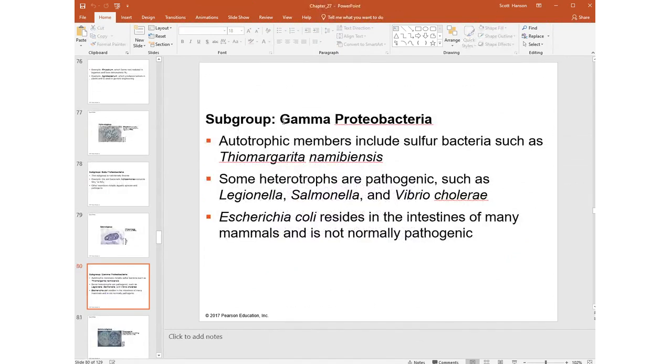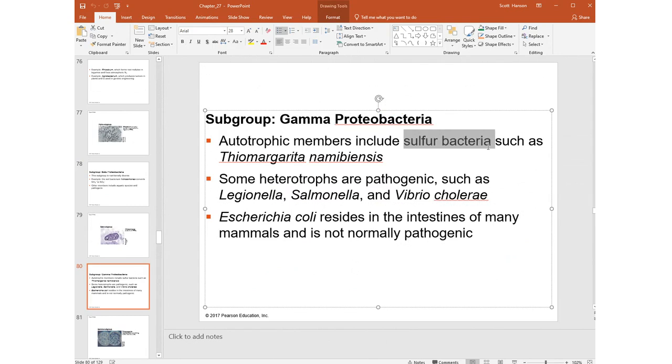Then there's the gamma group, the gamma proteobacteria group. They've got autotrophic members that include sulfur bacteria, such as Thiomargarita namibiensis. How about that for a name? It's called namibiensis probably because it comes from Namibia, or it was first found in Namibia.